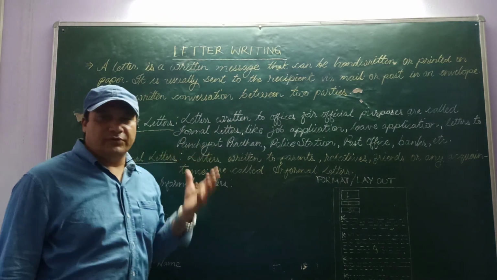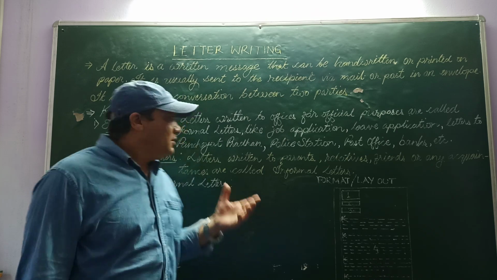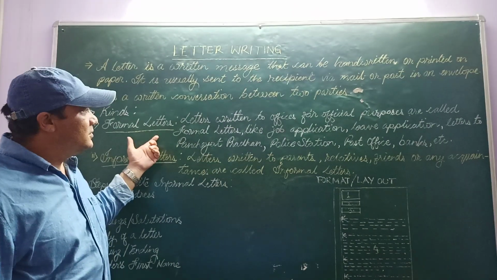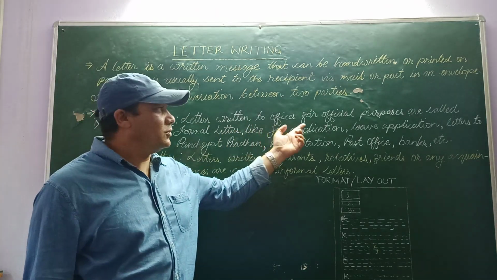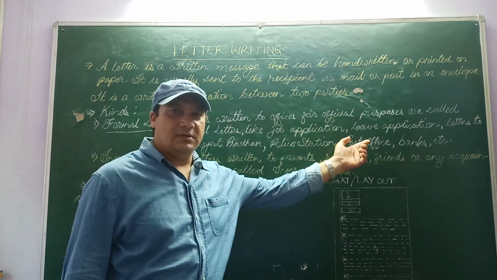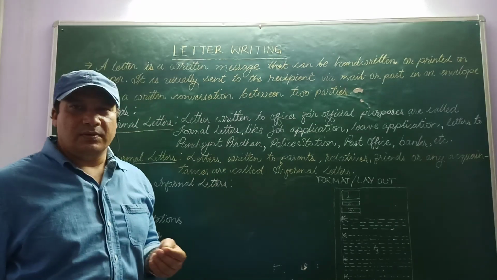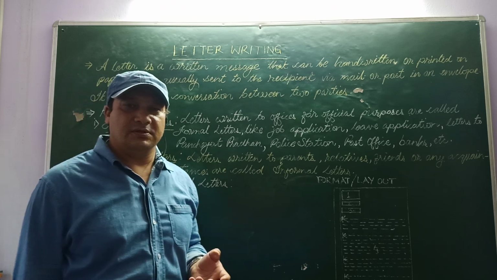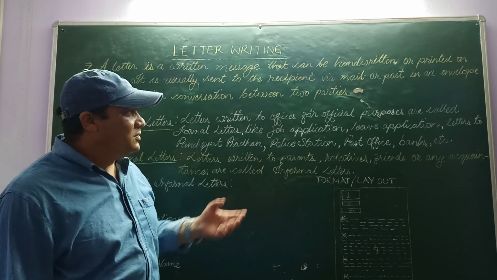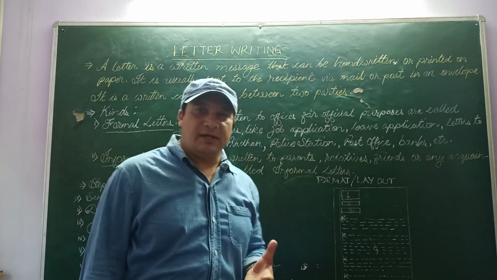Now, how do you define formal letters and informal letters? Formal letters are those letters which are written to offices for official purposes. Like, we write job applications seeking jobs in companies and organizations. We write leave applications. We write letters to the Panchayat Pradhan.